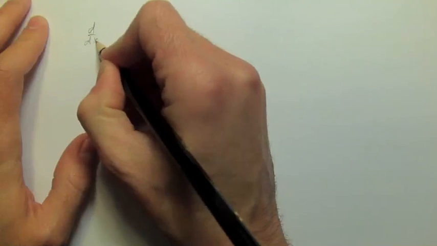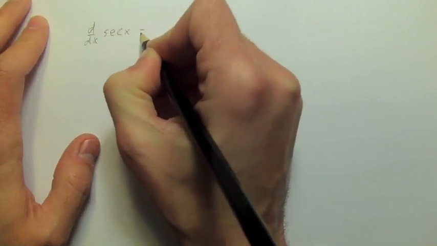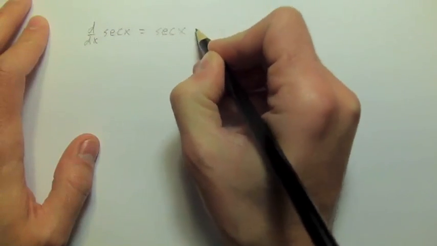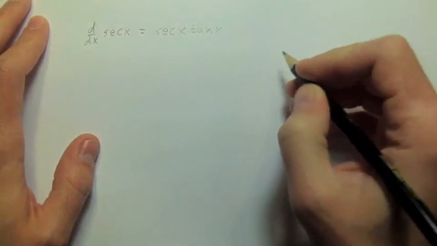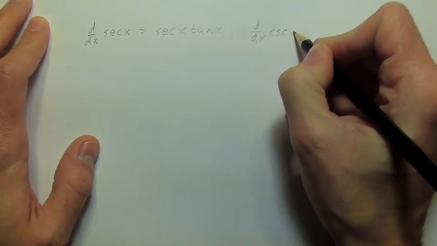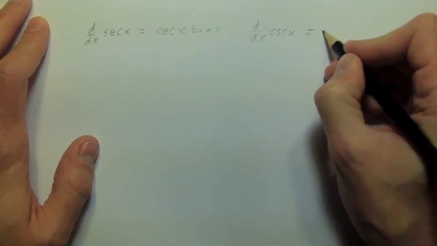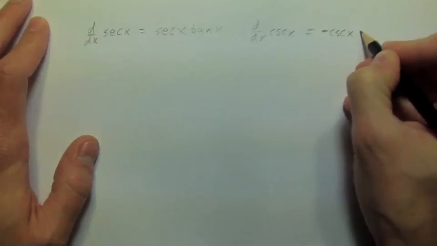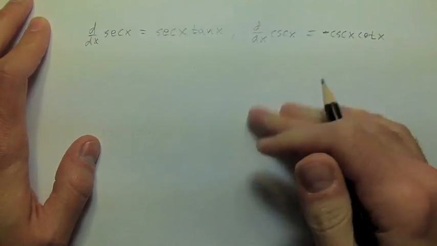Okay. Let's look at, right, we know that the derivative of secant is secant x tangent x. And we know that the derivative with respect to x of cosecant x is negative cosecant x cotangent x.